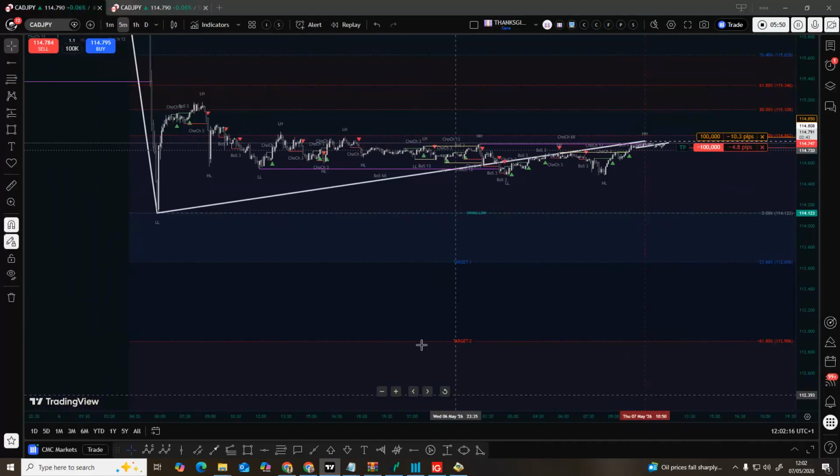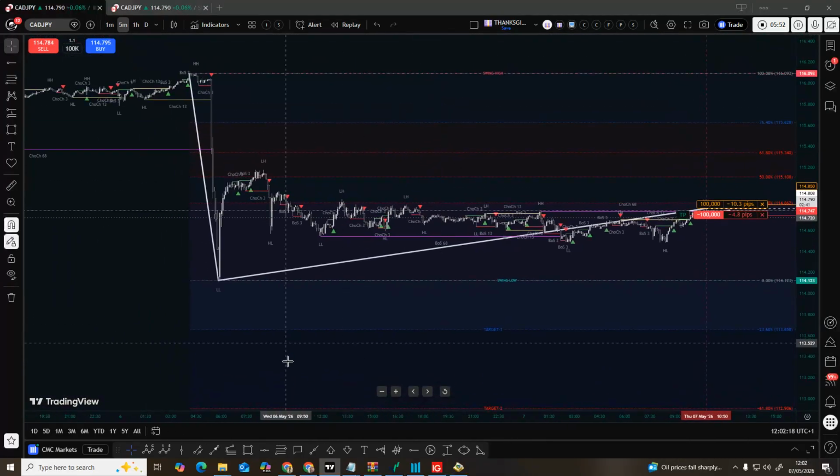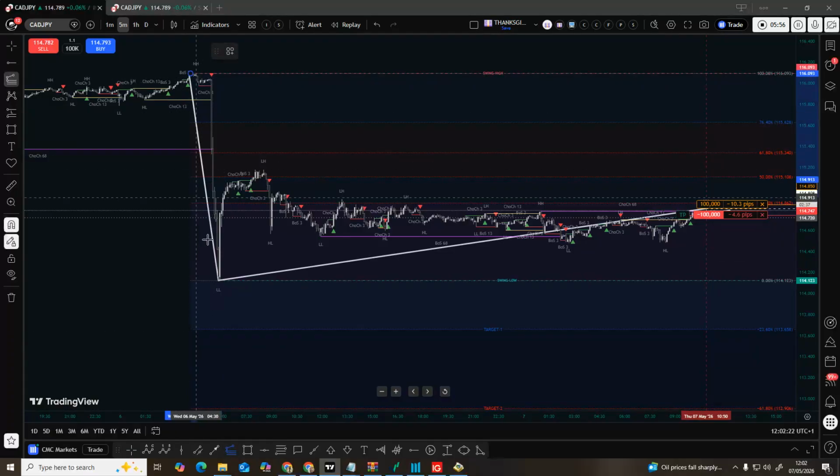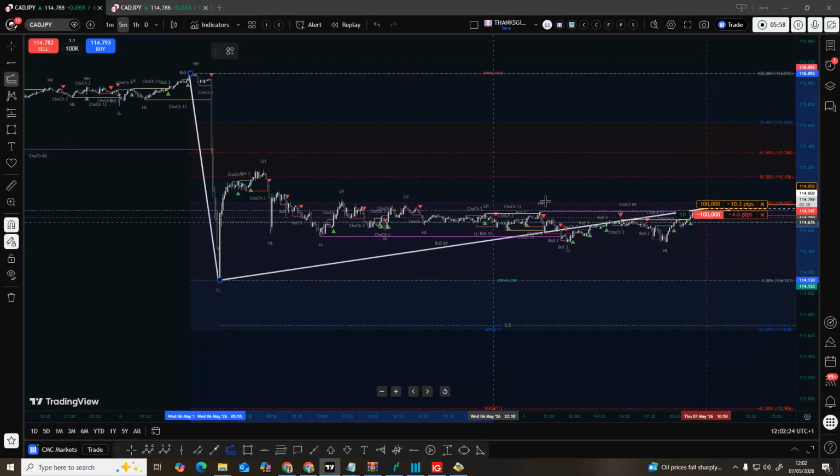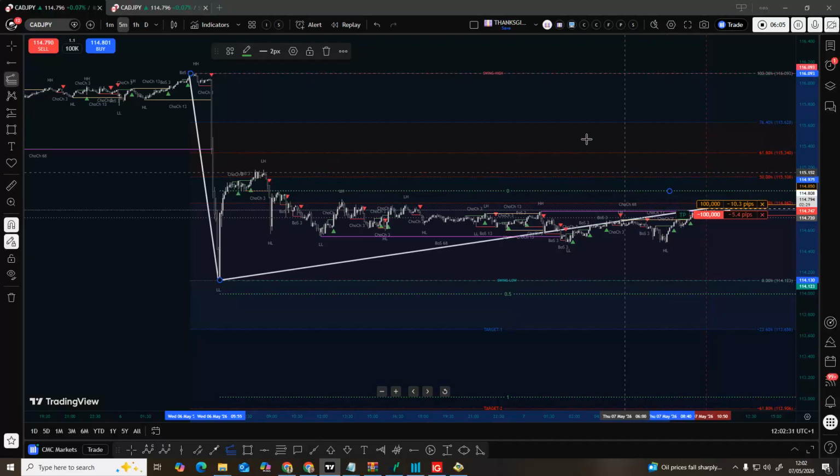Another thing that we can do is to use the extension, from the high to the low to the pullback. There's the pullback.